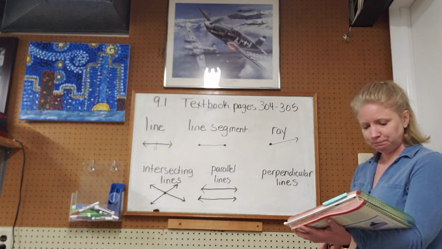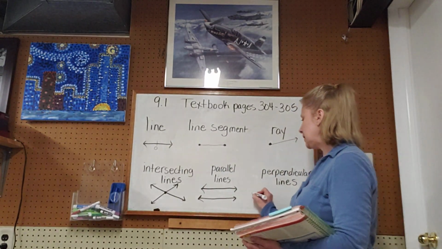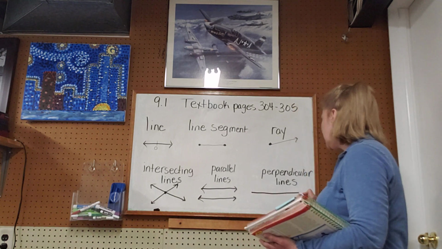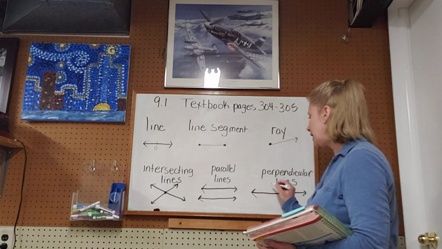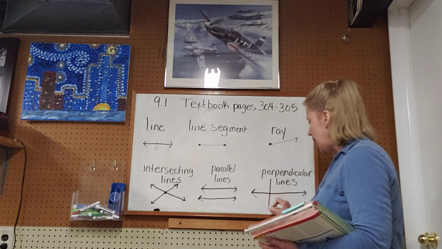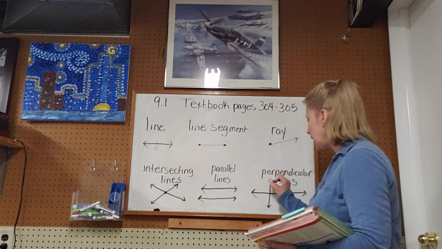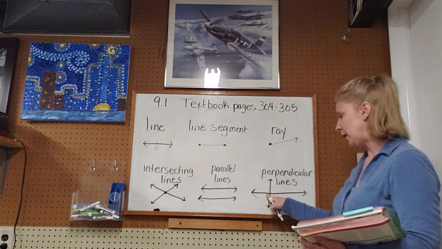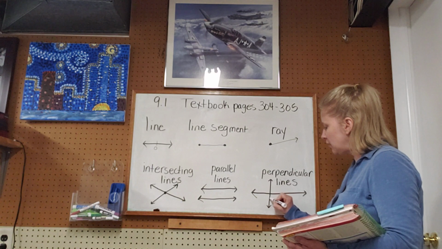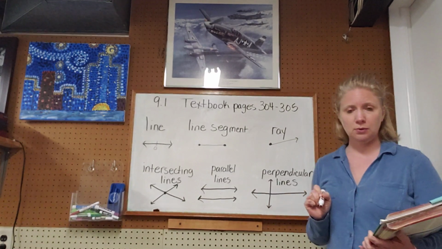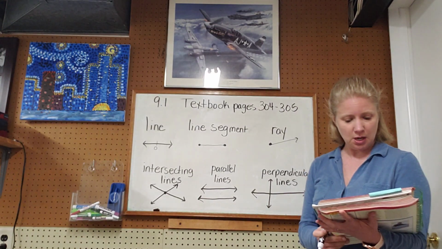Perpendicular lines. Perpendicular lines means you have one line that goes straight across and then one that goes straight up and down. And then they would meet at a point, one point, but that point also makes 4 corners. Does that make sense?